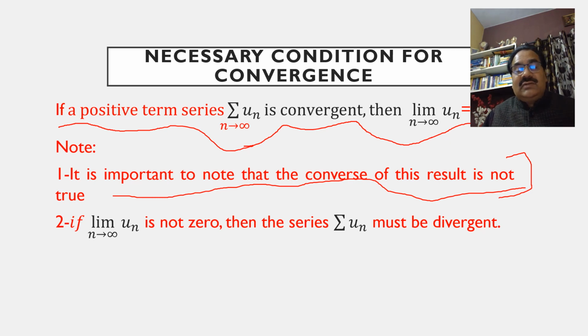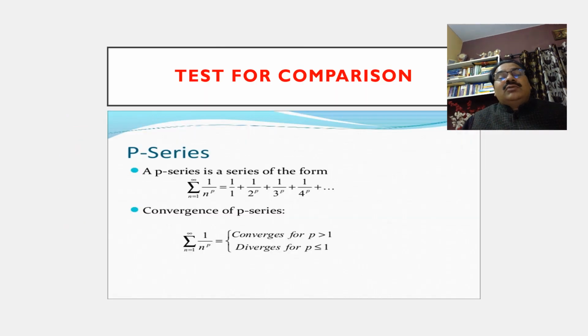Second, if limit n tends to infinity of un is not 0, then the series summation of un must be divergent. This is an important conclusion, and we often call it the necessary condition for convergence.